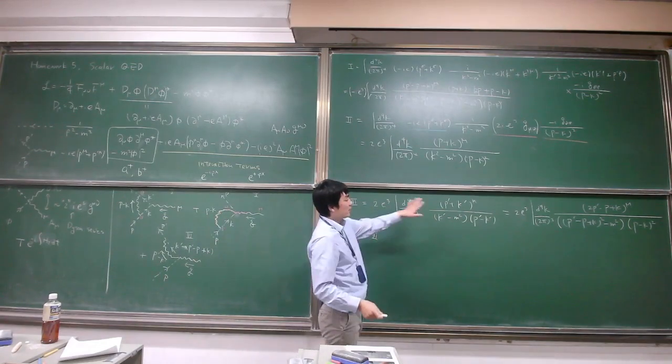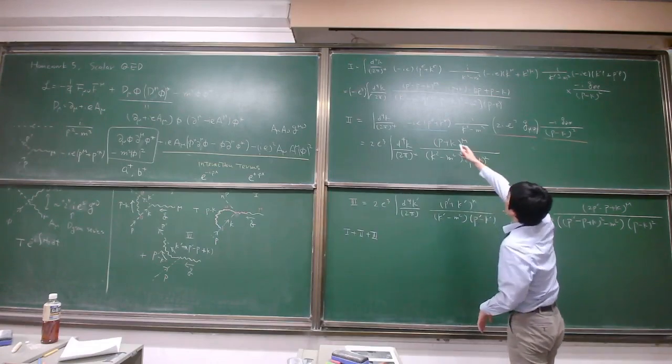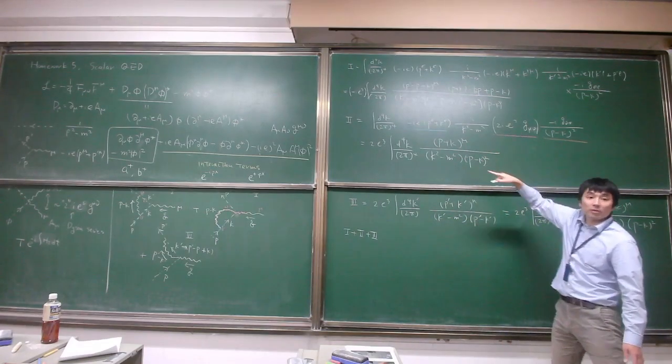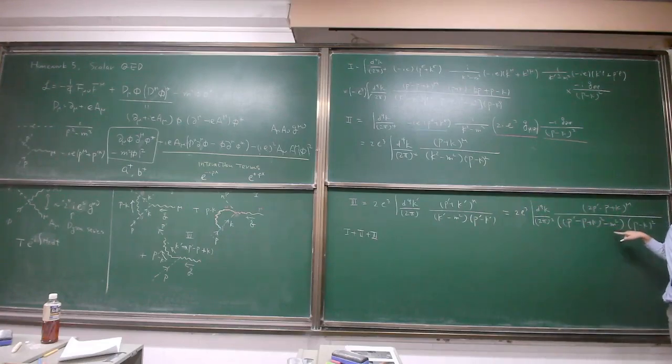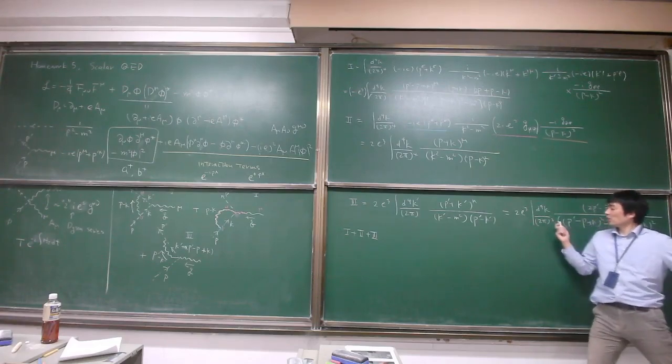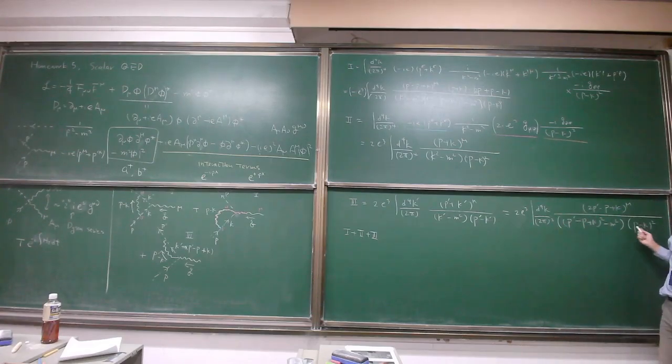The reason why I make this kind of change is that if you look at the denominator, you have a common factor in the denominator from here to here. To move from here to here, you just want to have the common denominator from upstairs. So therefore, it's easy to sum them up.